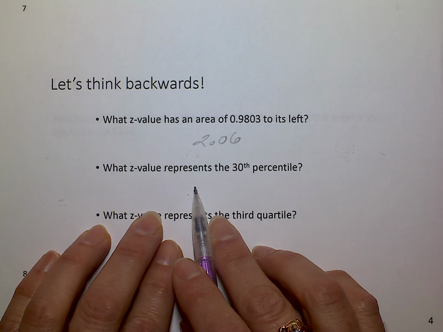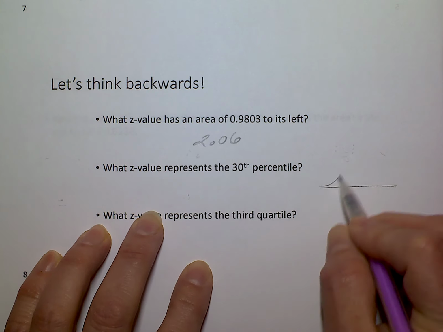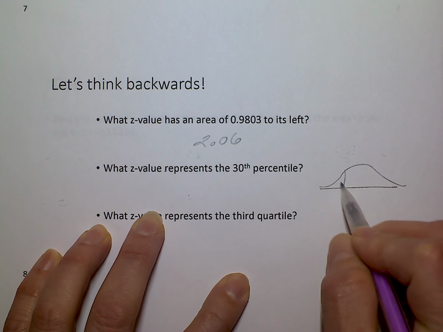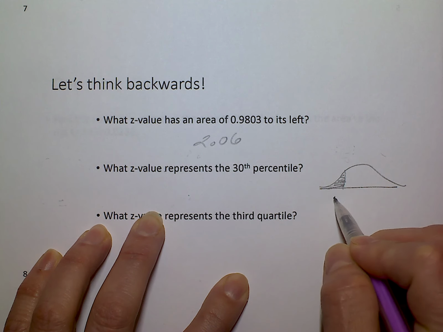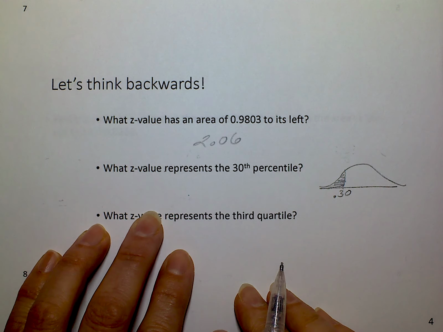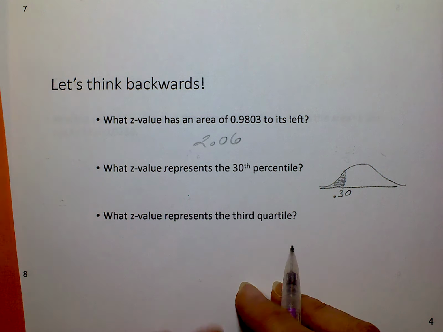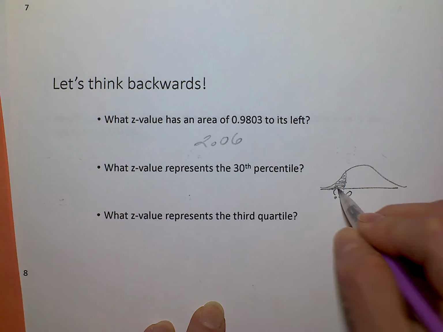What z value represents the 30th percentile? Do you remember that percentiles were the amount less than that percentile? So we want the area to the left to be 0.30. So this is the area here.